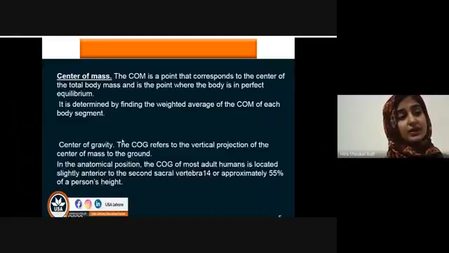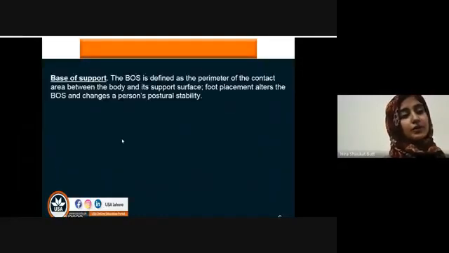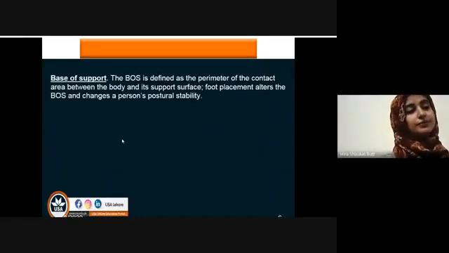The base of support is the perimeter of the contact area between the body and its support surface. So foot placement alters the base of support and changes a person's postural stability.